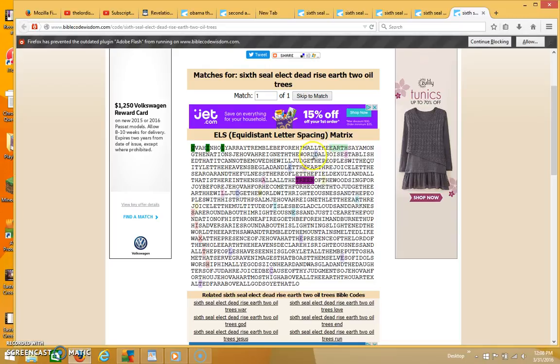You can see dead much better in this table because it comes all in a row, the letters D, E, A, D. And so it definitely shares with the word seal, which is crossing right through it at an angle with the letters S, E, A, L. And over here you have trees and the wine, and the number 2 in the yellow with the letters T, W, O. And then 6 was here, and elect was here in the lavender.